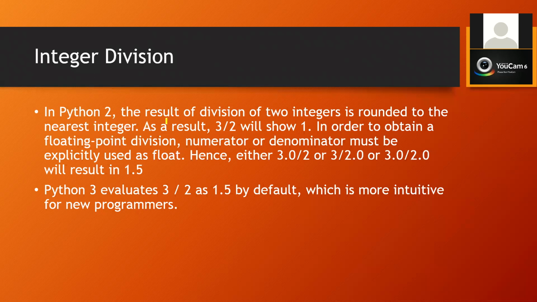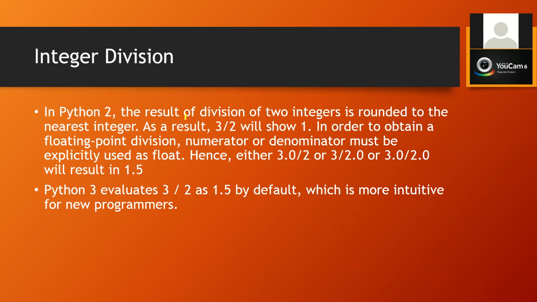In Python 2, the result of the division of two integers is rounded off to the nearest integer. As a result, 3 by 2 gives 1. In order to obtain floating point division, the numerator or denominator must be explicitly used as float.